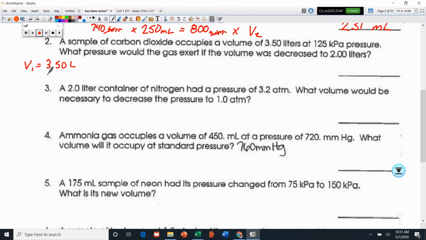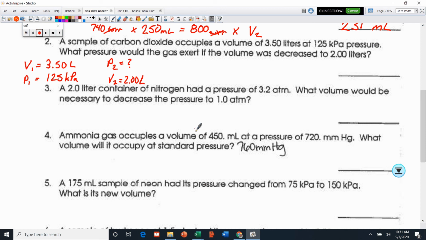At 125 kilopascals, that's P1, 125 kPa. What pressure, so P2 is our unknown, would the gas exert if the volume was decreased to 2 liters? So my V2 is 2.00 liters.